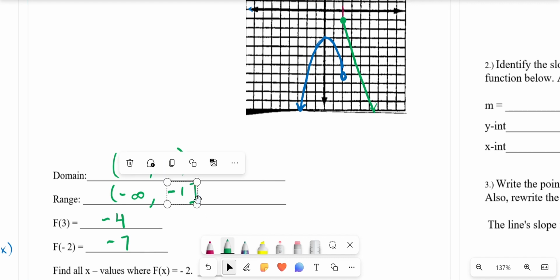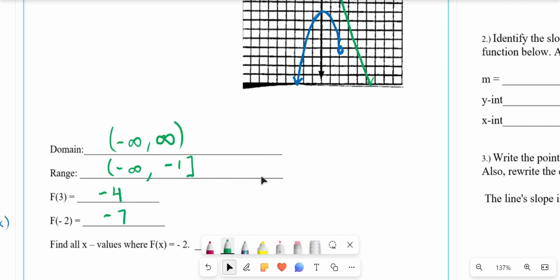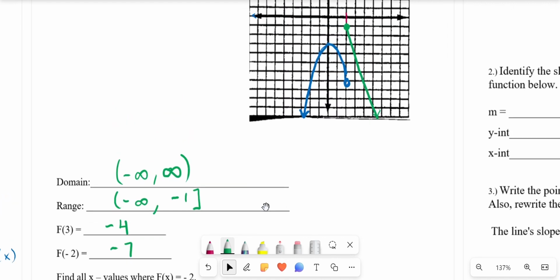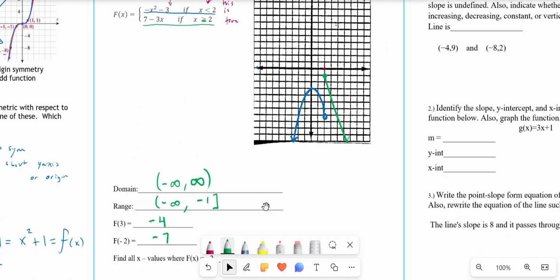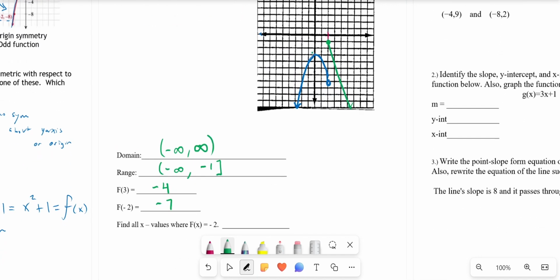And then it says find all the values where f is equal to -2. All right, well, -2 is right here. There's nothing on the right-hand side, but over here I have a single x value for which that would be true. So I could go and look at the equation there, right?